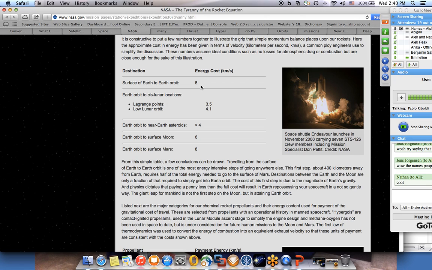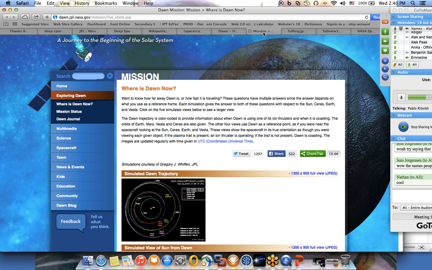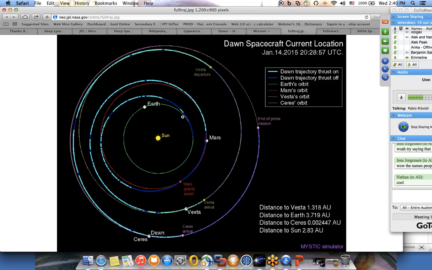Once you are there, the probes would engage other engines in order to escape the Earth trajectory and go on to the next phase.